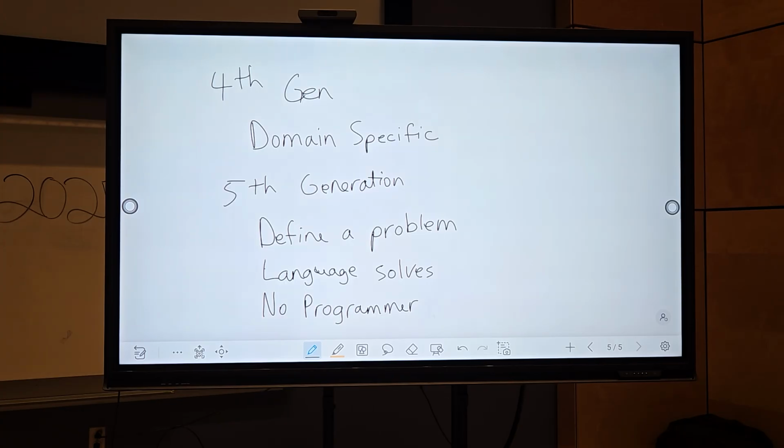So AI has been around quite a while, it's just that these large language models and the large neural networks that we have now haven't been possible because of the lag in hardware technology.